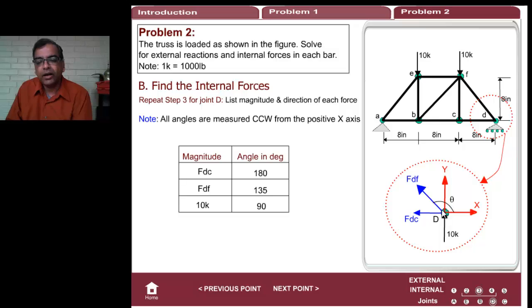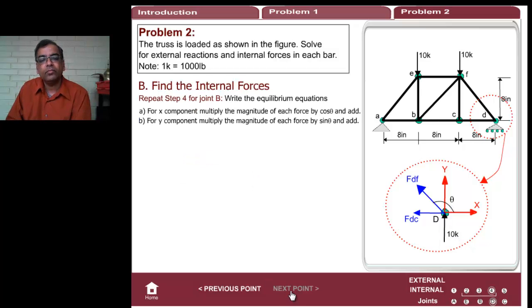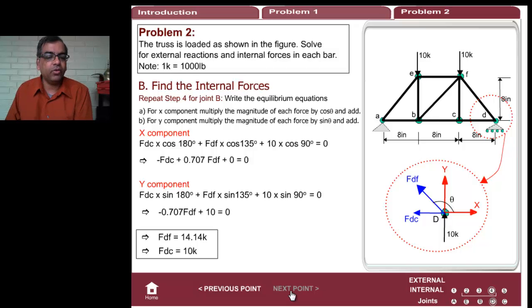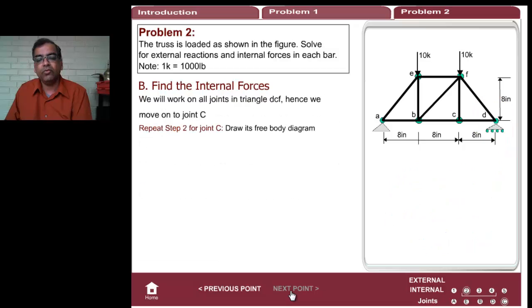So again, I draw the angle: FDC is 180 degrees, FDF is 135. This 10K is at 90. It's not this line. Go to the base, draw the horizontal, measure that angle. Then you can find the internal forces for equilibrium, x component, y component. You're done, no problem.